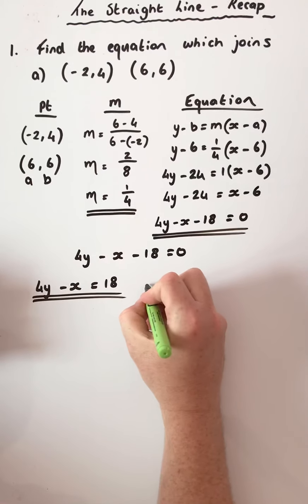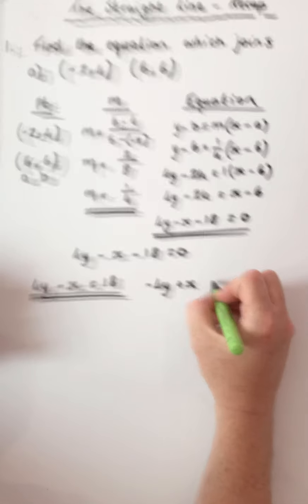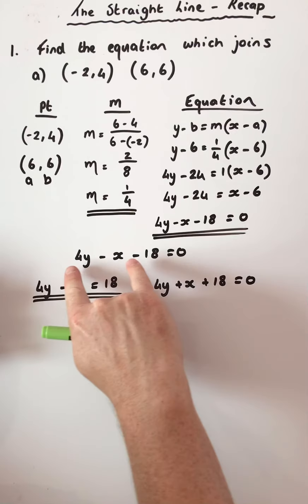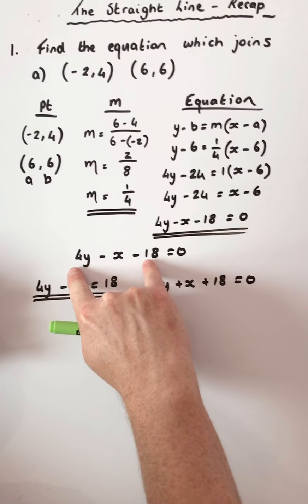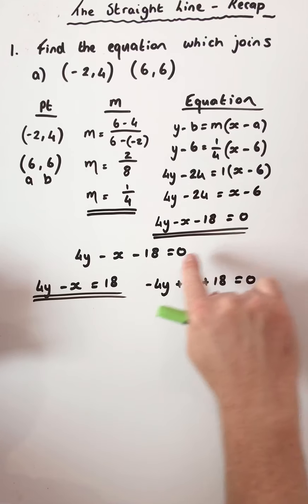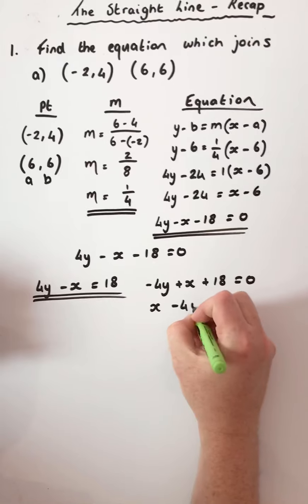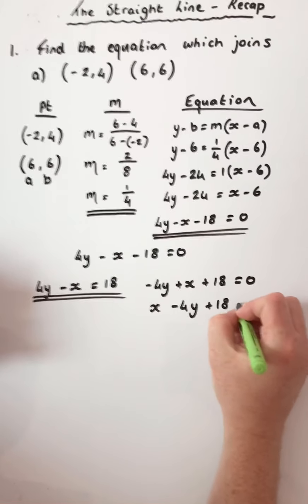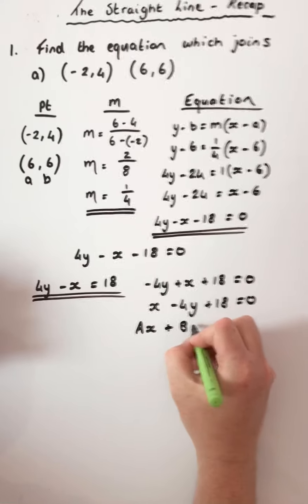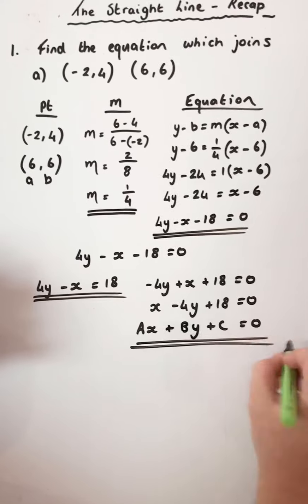So negative 4y plus x plus 18 equals 0. Or we can indeed change all the signs by inverting the operation as we go over that equals sign, writing it in that form, equals 0, so it's in that ax plus by plus c is equal to 0.